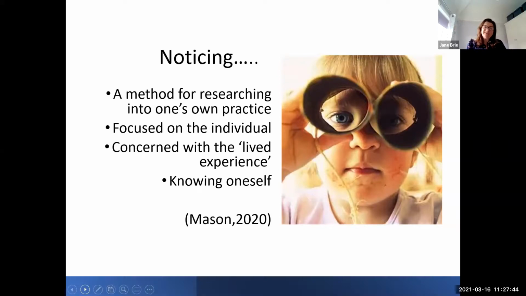And he's very concerned, as I say, this is where phenomenology comes into it. It's all about the lived experience of the person, and reflection. So if you're interested in reflection on practice, reflexivity, then it's a really interesting one to read, and about knowing oneself and how we can move on. And that's really important. And although this might be a little bit more theoretical or philosophical than some of the other work on observation, it's still really important, because it's really important for the development of the practitioner.